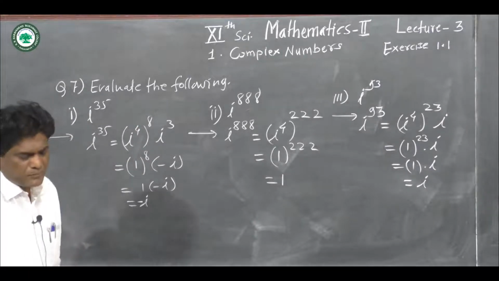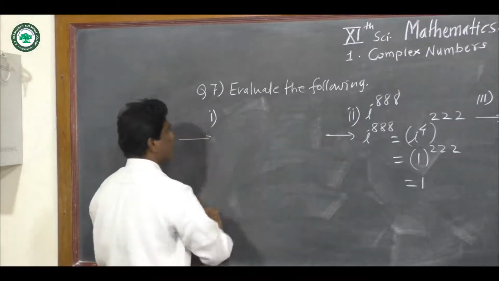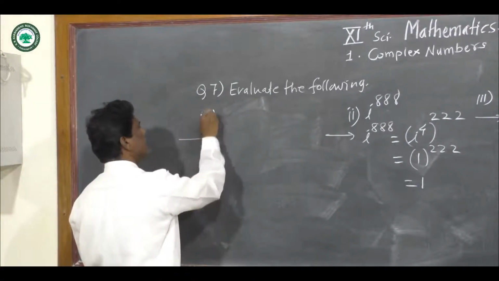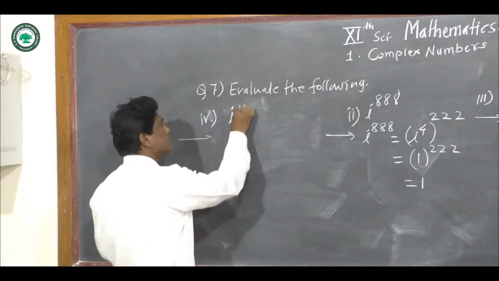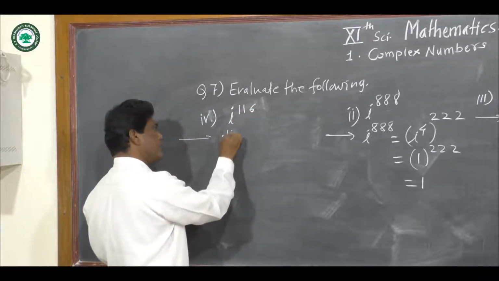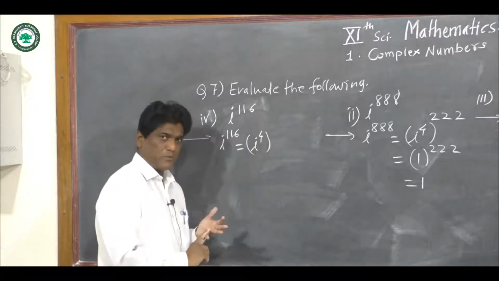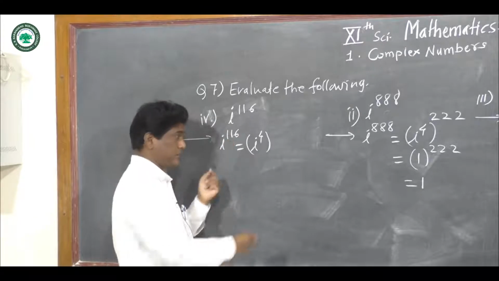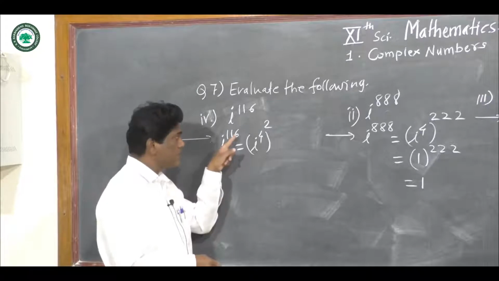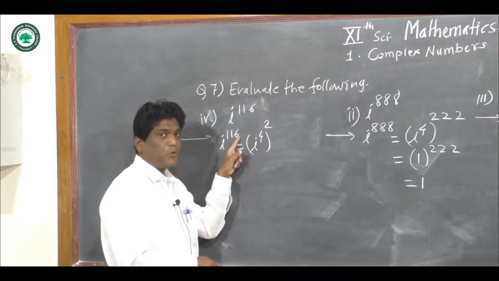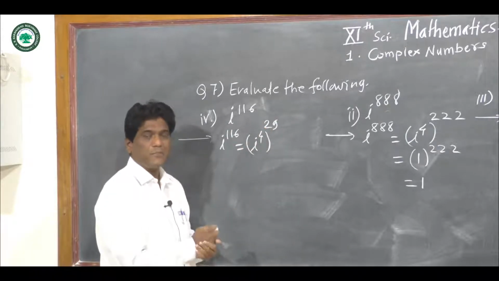Now the fourth here, i to the power 116. Fourth problem. So we write here i to the power 116 is equal to, write down here i to the power 4 and divide this number by 4. 4 1s are 4, 4 2s are 8, 8 and 3, 3 11, and this 6 becomes 36, 4 9s are 36, so there is no remainder here, 0.